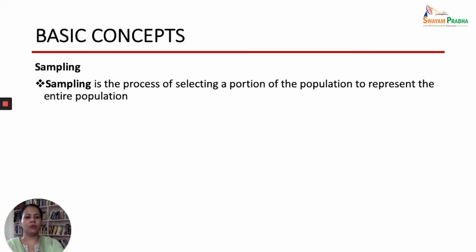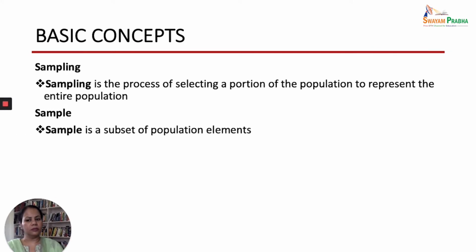When we select a portion of the population out of the entire population, that is known as sampling, and your sample is always representative of your entire population. So this is very important, that representation of the sample should be taken care of, that it should be representative of your population.